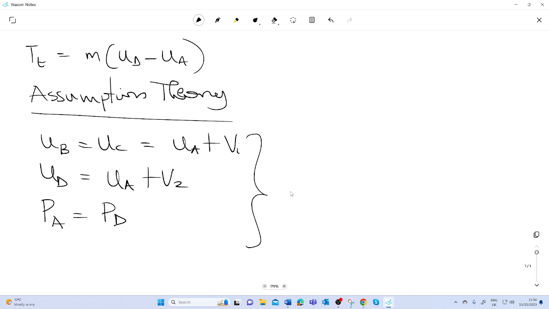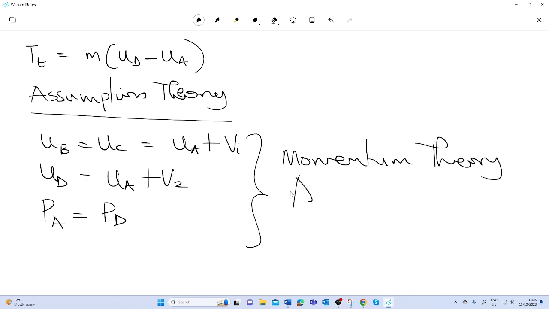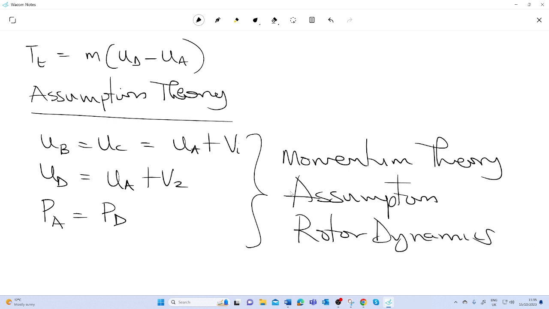Now that we have all this momentum theory assumption for rotor dynamics, we will need them later on one by one.